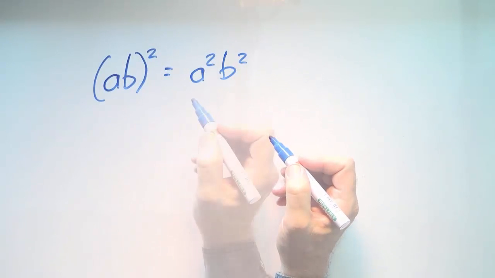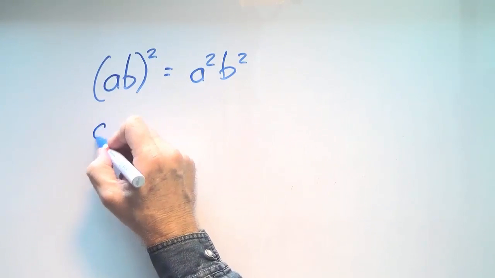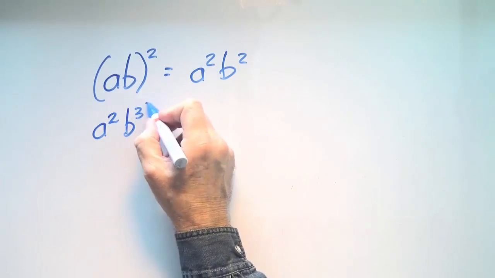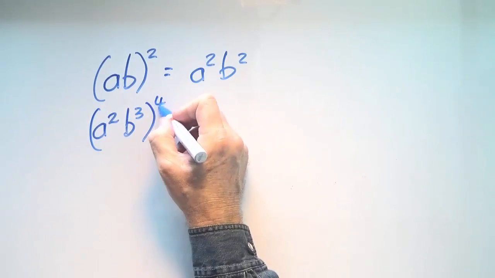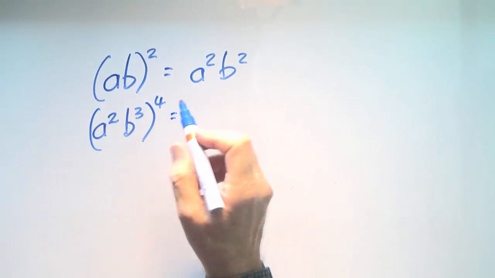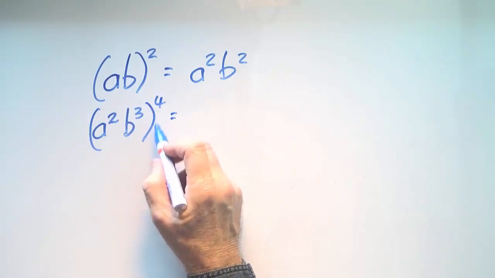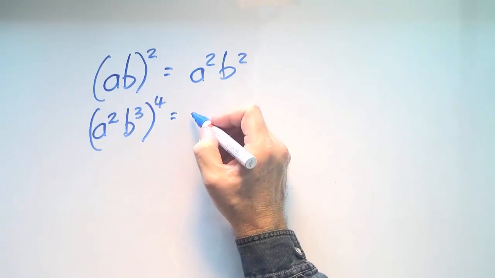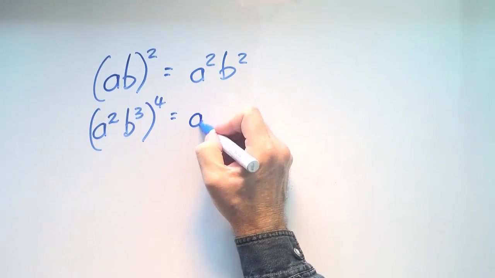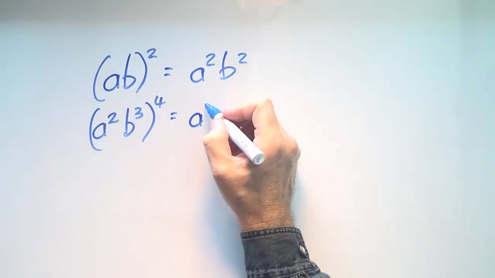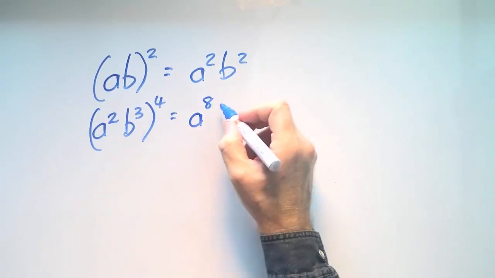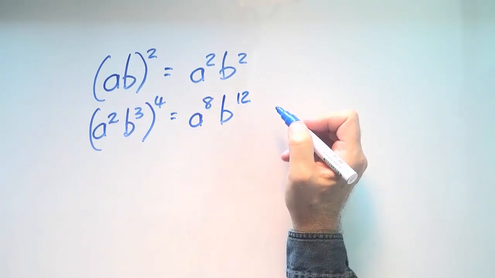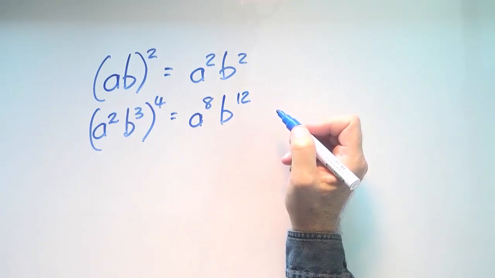Now, in the same way, when we have powers inside the brackets, say here, I have A squared B cubed quantity to the 4th power, then this A is to the 8th power, 2 by 4, and B is to the 12th power, 3 by 4. So it works the same way.